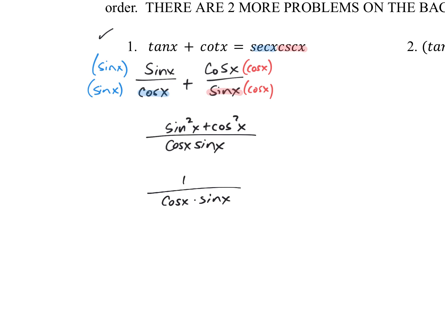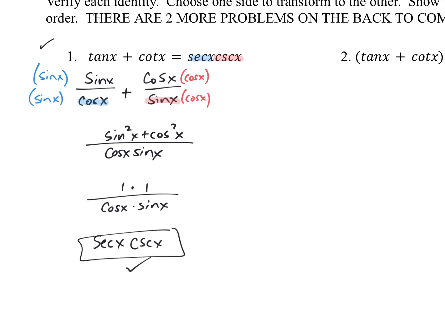Now we could split this into two separate expressions, but what I see here is that this numerator is really 1 times 1, that denominator cosine x times sine x, and when we separate those out, 1 over cosine x is secant x, and 1 over sine x is cosecant x. That's where we were headed.